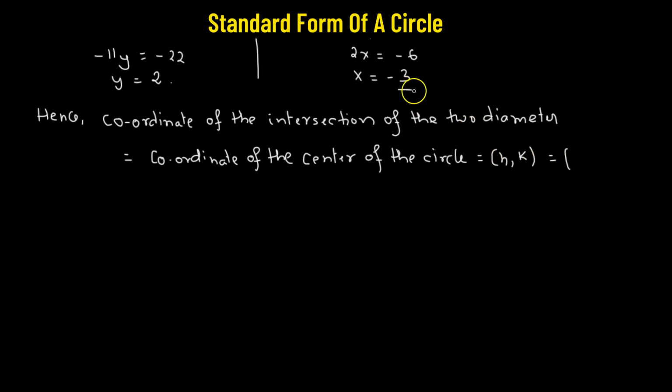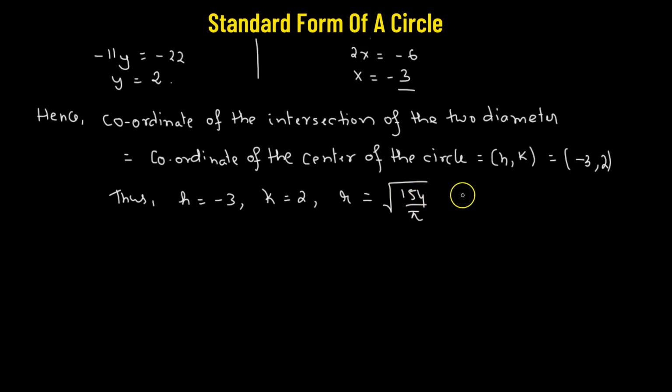So that's the x coordinate, so that's negative 3. And the y coordinate, which is k, that's 2. So immediately we can find out the value of h and k. So here we can say that the value of h is going to be -3 and the value of k, so that's equals 2. And we have also found out the value of the radius. The radius was square root of 154 divided by pi, which comes out to be approximately 7 units.